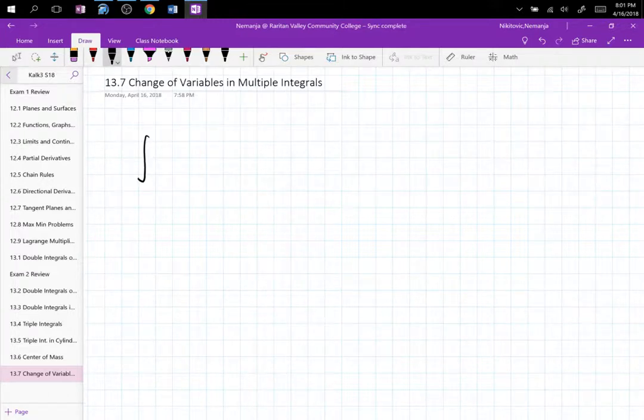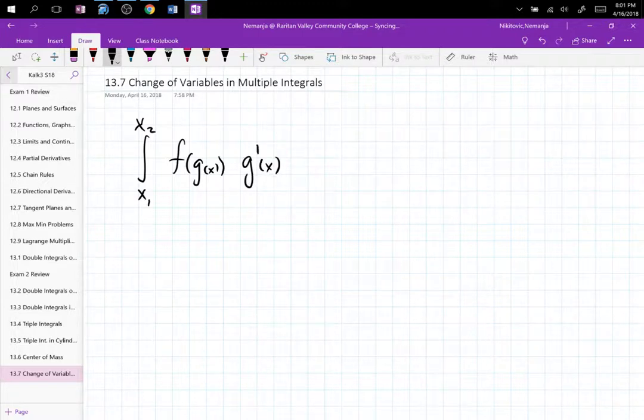I have the integral from x1 to x2 of f of g of x times g prime of x dx.